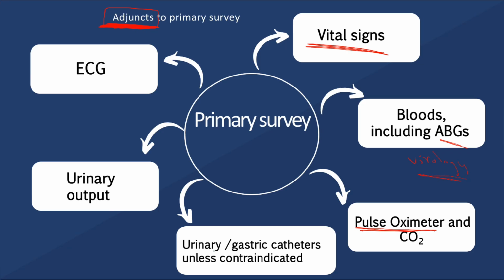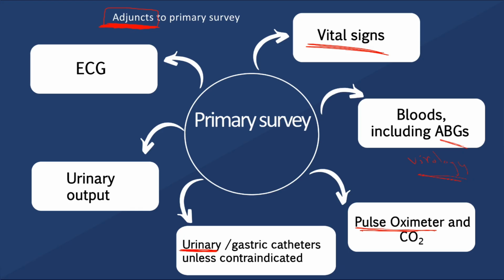Urinary and gastric catheter. Urinary catheter is important to assess the urine output. But if there is a pelvic fracture and you are suspecting urethral injury, do not put a urethral catheter. If there is blood on the meatus, just call the urologist. They will deal with the condition.